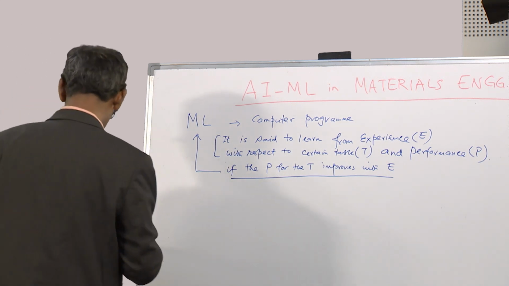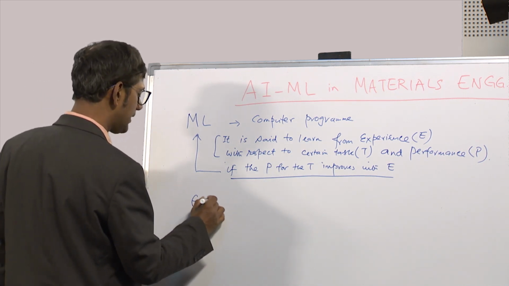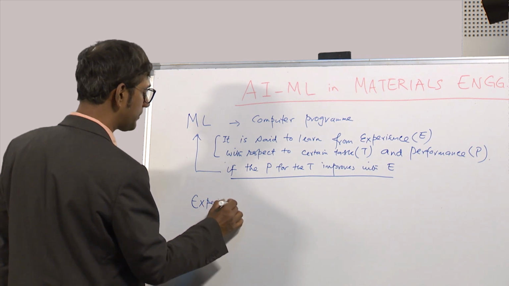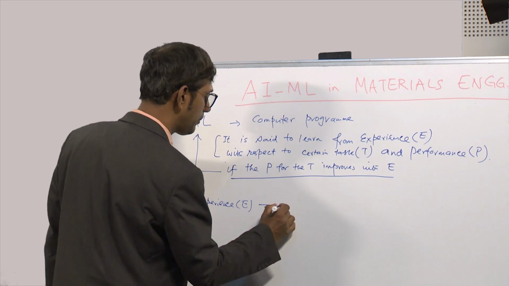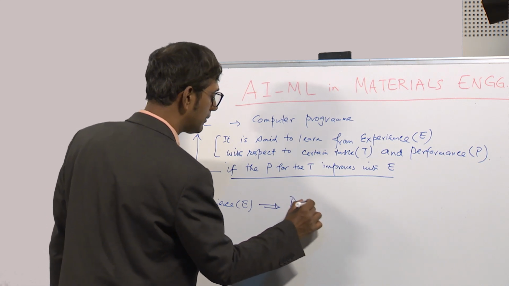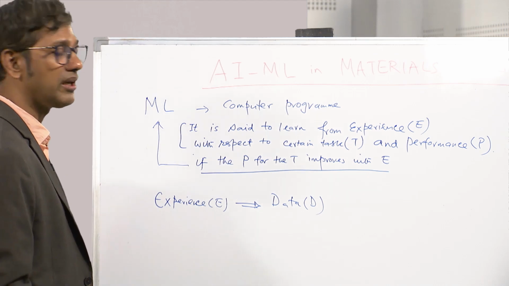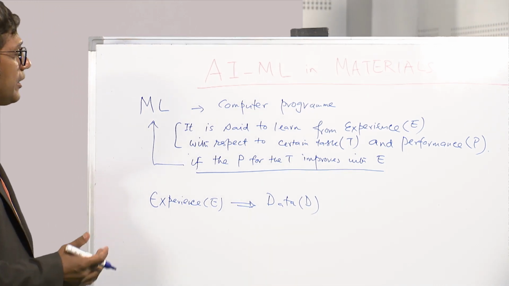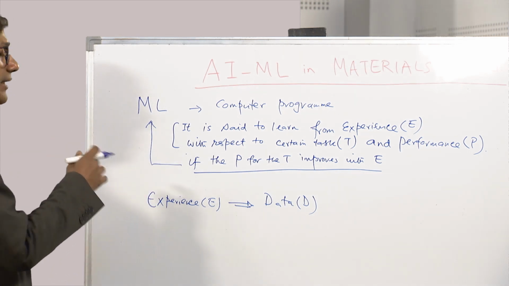Now, what is experience? Experience comes from data. Experience originates from data, right? That is what experience is for machine learning. You have a certain set of data, you provide it to the machine or computer, and from that data it gets the experience.